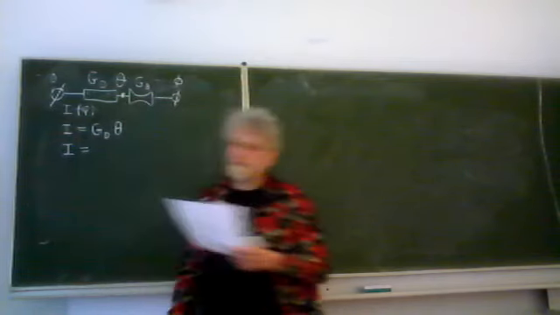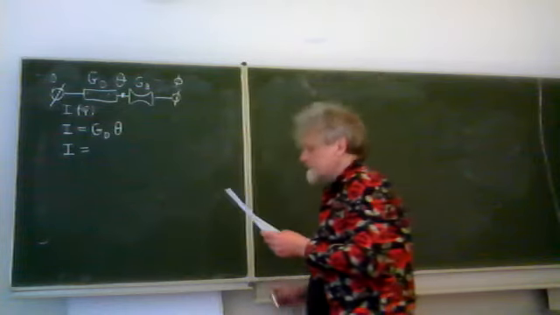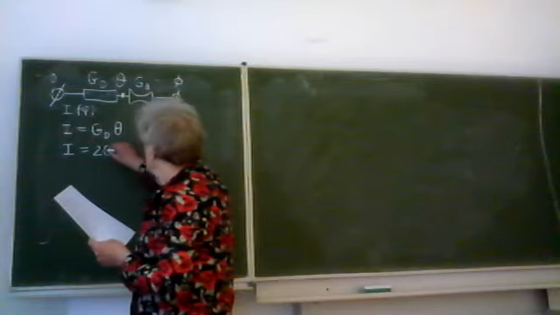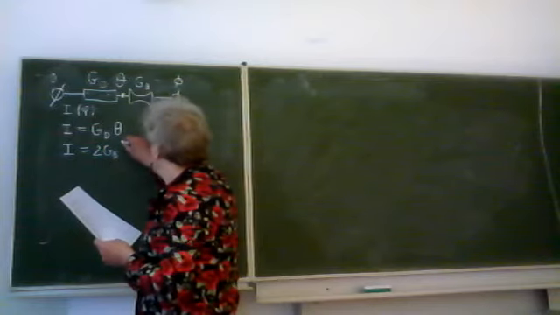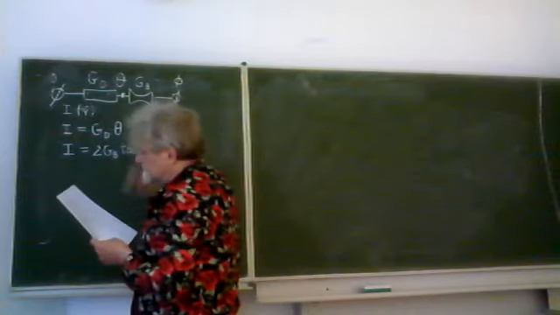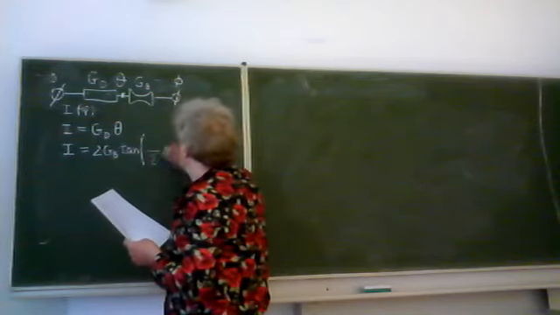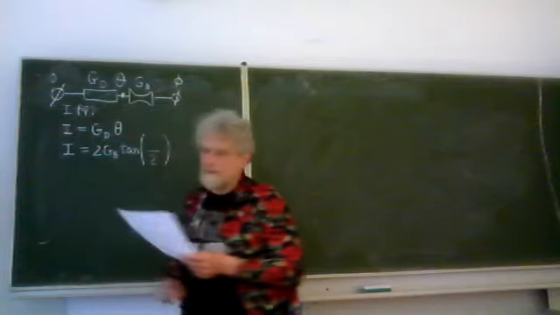And the current here involves I-phi characteristics of ballistic conductor, which happens to be tangent of the drop divided by 2.